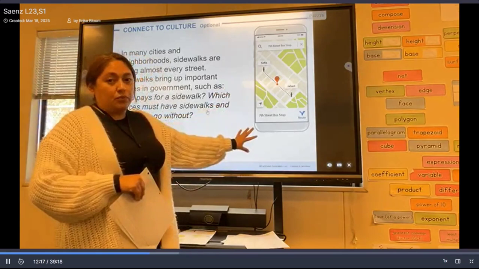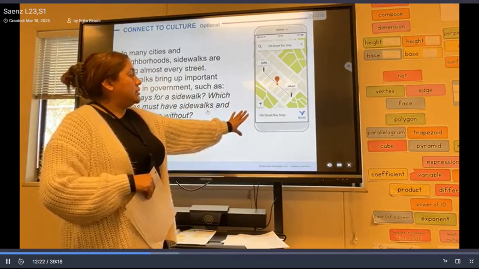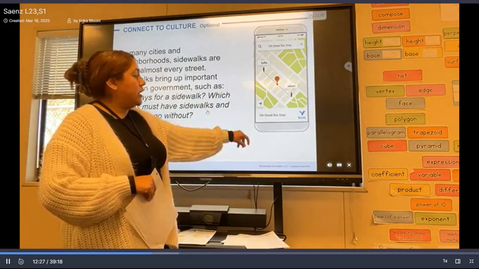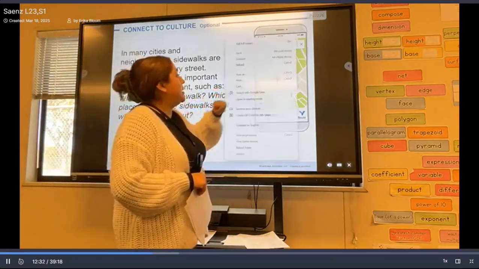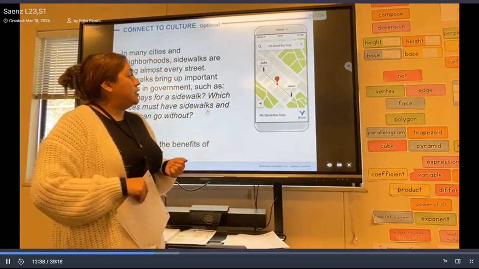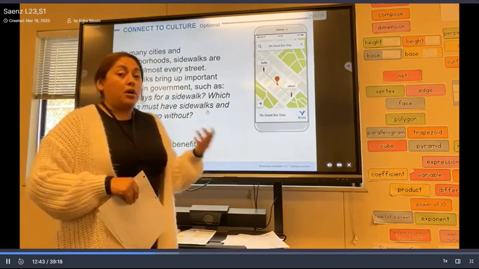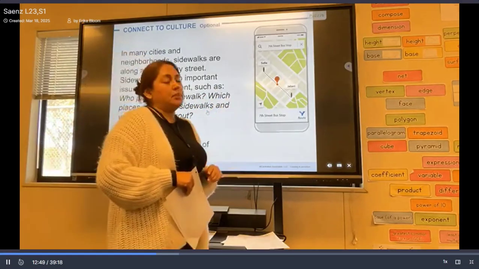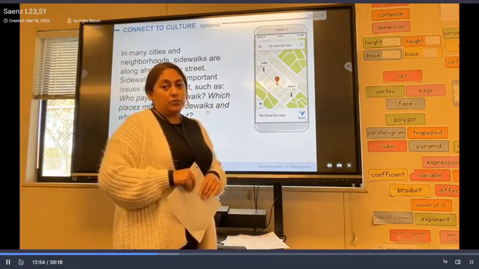But what I want you to do before you move on is take a look at this, analyze this image you see on the screen, and do your notice and wonders. When you do your notice and wonder, I also want you to realize that this is maybe a Google map. I want you to see how many people are involved, the direction that each person is walking, how far apart from the drop-off, and also maybe the name of the street, because all of this is going to come in handy when we actually start working on the problem, okay?